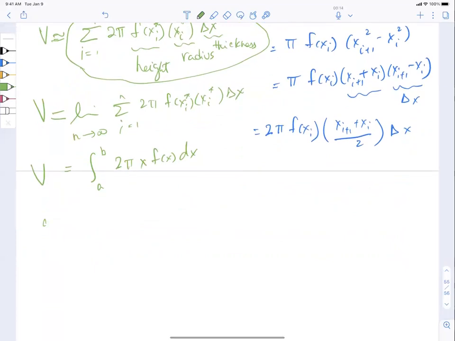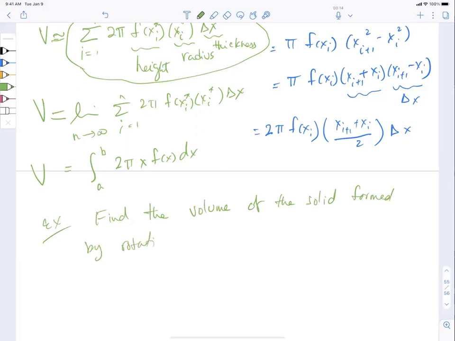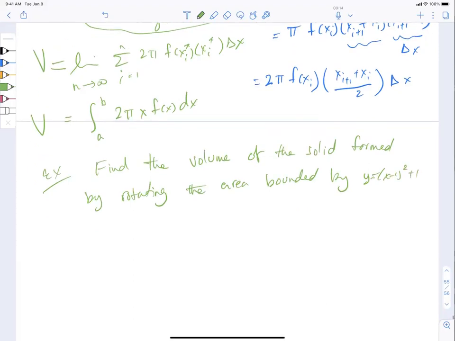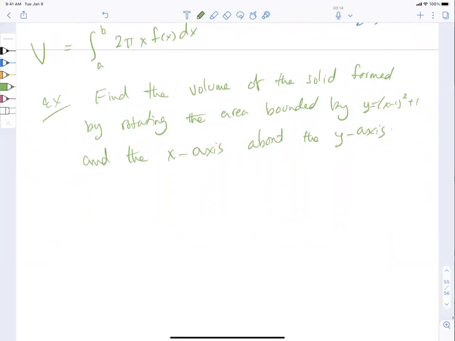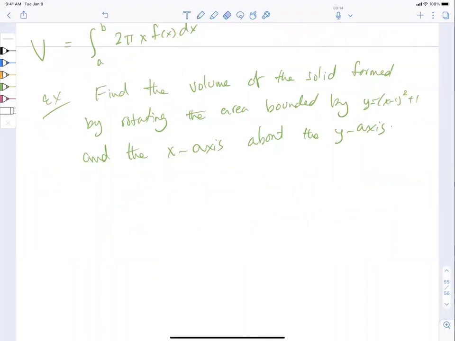So in the case of my example, find the volume of the solid formed by rotating the area bounded by y equals negative (x minus 1) squared plus 1 and the x-axis about the y-axis. If you do it, again, it's going to be the integral.